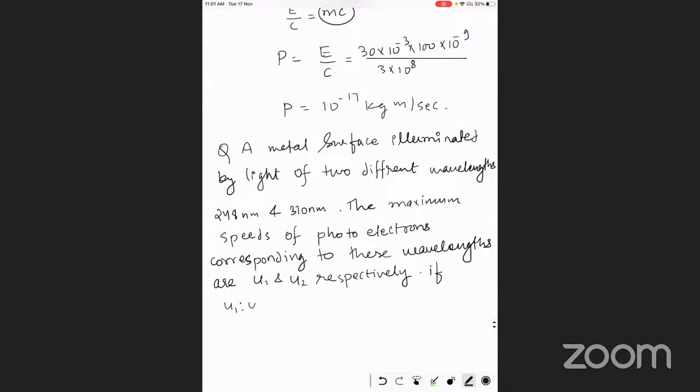If U1 by U2 is 2 by 1 and hc is equal to 1240 electron volt nanometer, the work function of metal is nearly.